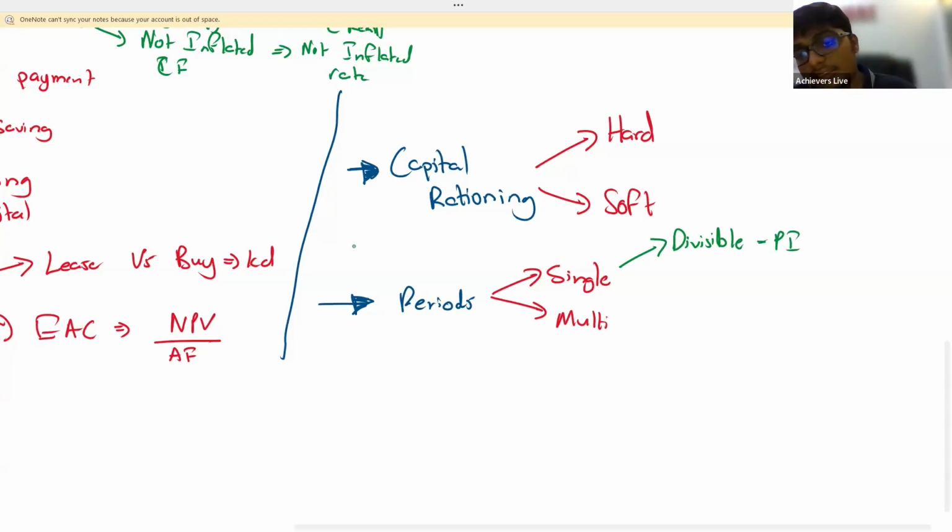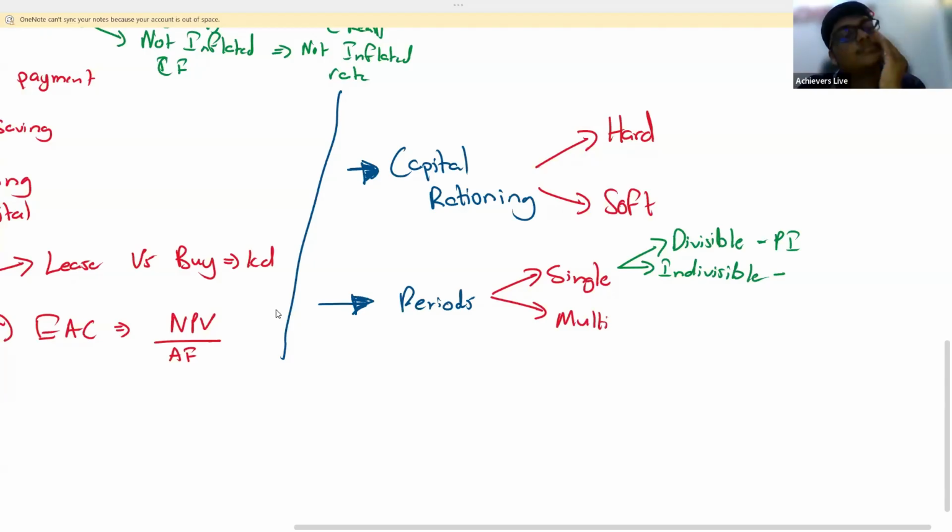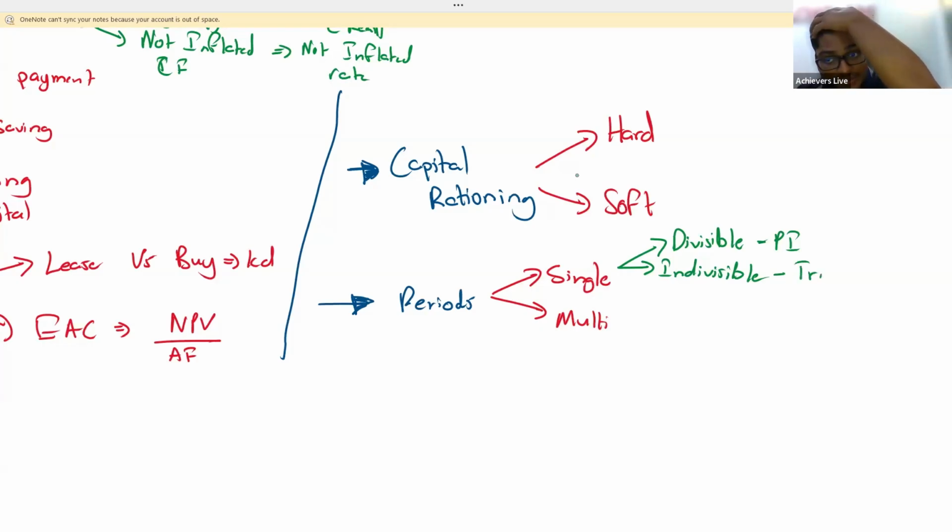Next is indivisible projects. How do you deal with indivisible projects? Trial and error. Correct.